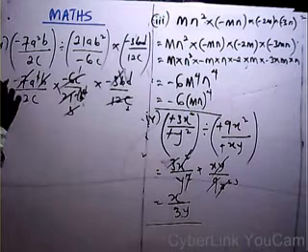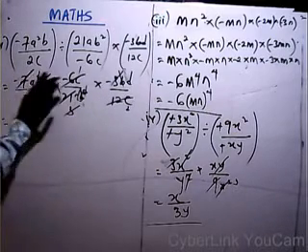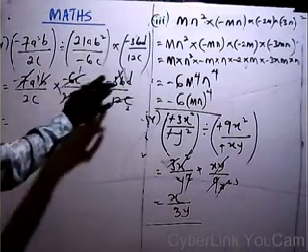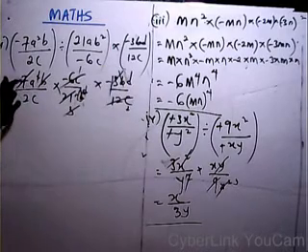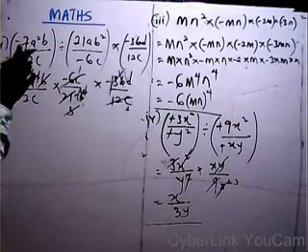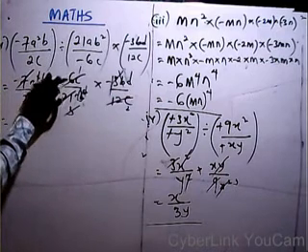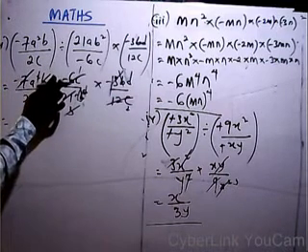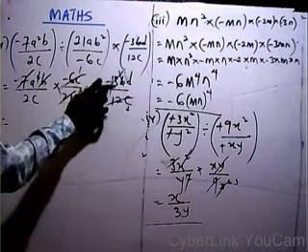If you look at the whole of the one that you have here, the 7 has gone, you have a, the 6 has gone, you have minus 1, and the whole of this one as well, you also have minus 1. So minus 1 times a is minus a, multiplied by minus 1 here is plus a, multiplied by minus 1 is minus a.